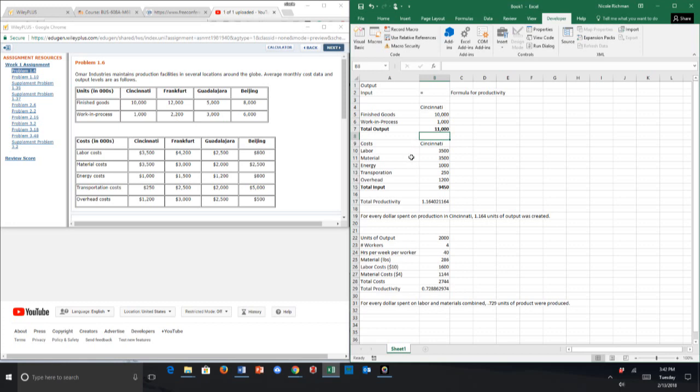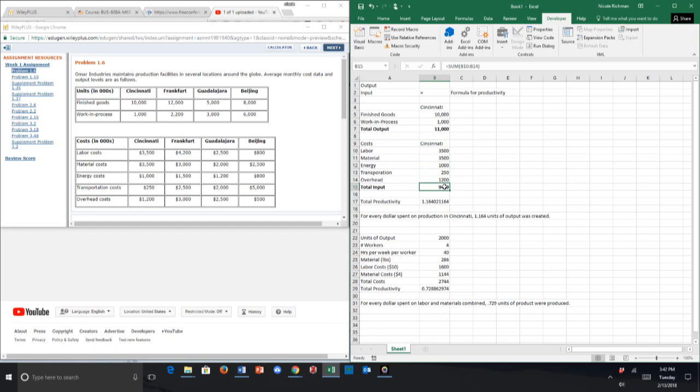Now Cincinnati, as well as the other 3, had several different pieces that were used to transform into our total output of 11,000 units. We had labor, which cost 3,500, material for 3,500, energy for 1,000, transportation 250, and overhead for 1,200.